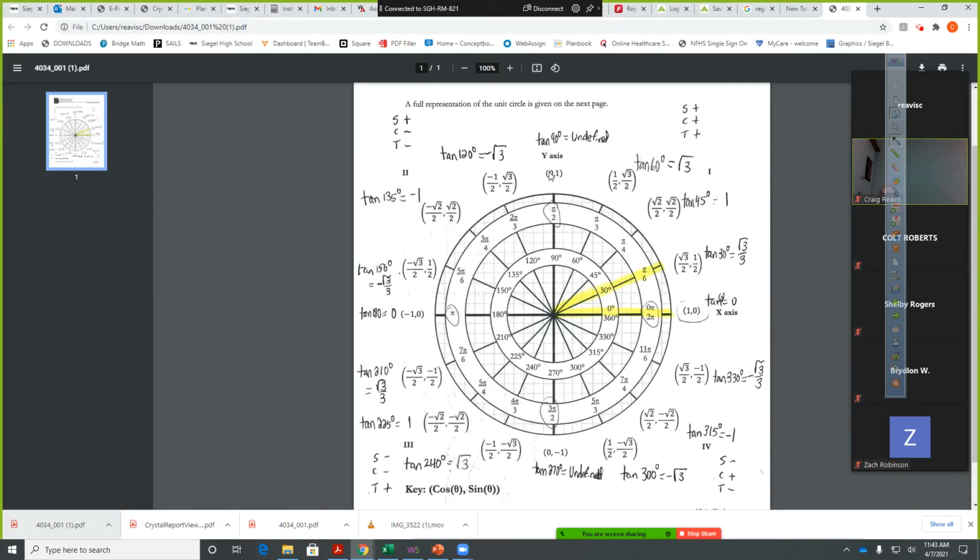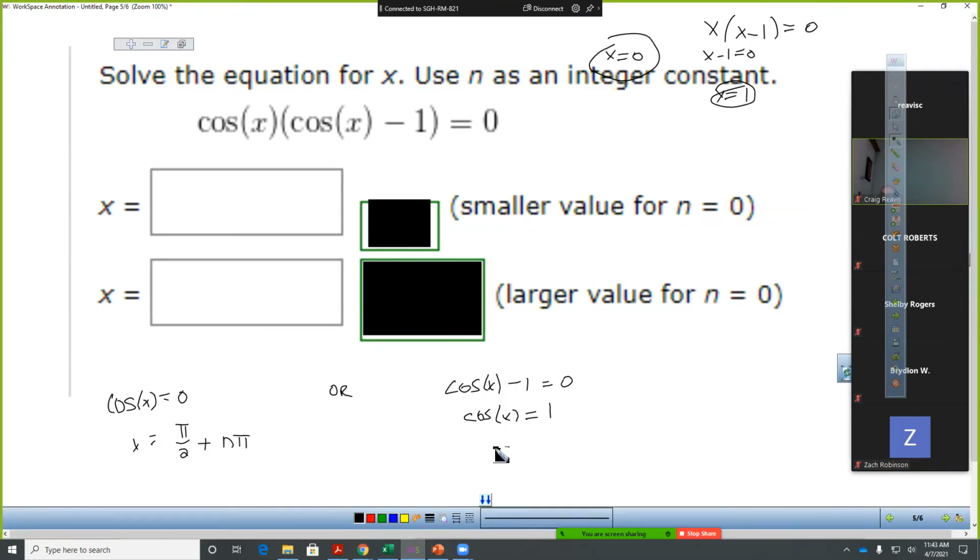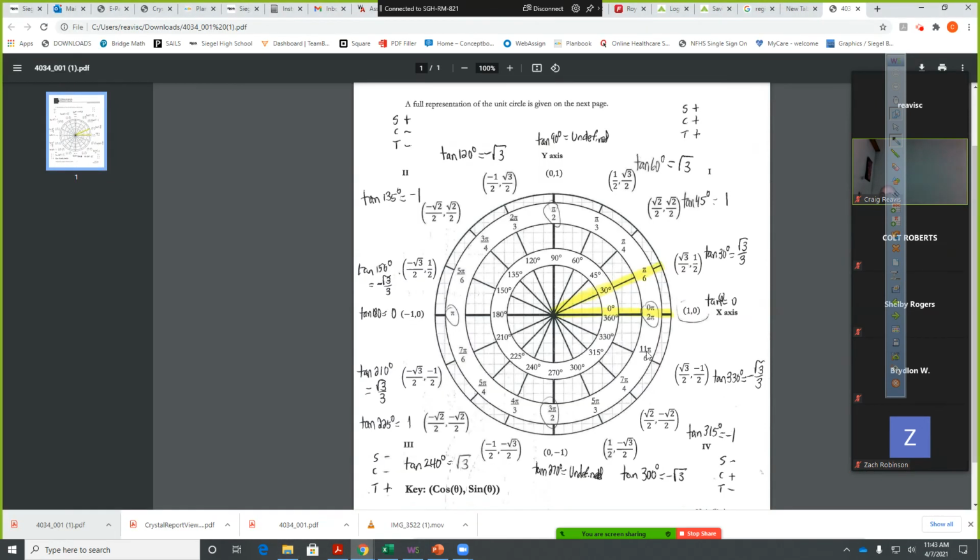Cosine is equal to 1, which is the x coordinate, only right here at 0 degrees. So I would say this x is going to be there at 0. And notice that's the only time that the x coordinate is 1, at 0.